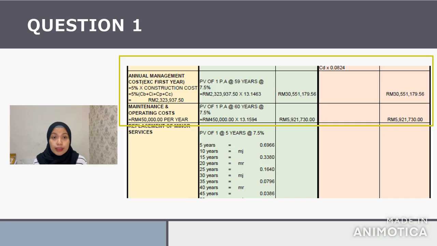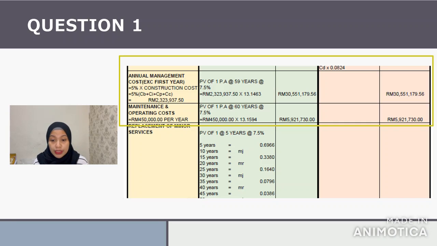Meanwhile, in the annual equivalent method, there is no change because the price is already calculated in PV of 1 per annum. For maintenance and operating cost, it is 450,000 per year.